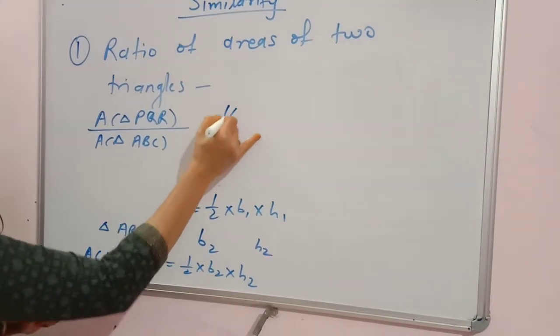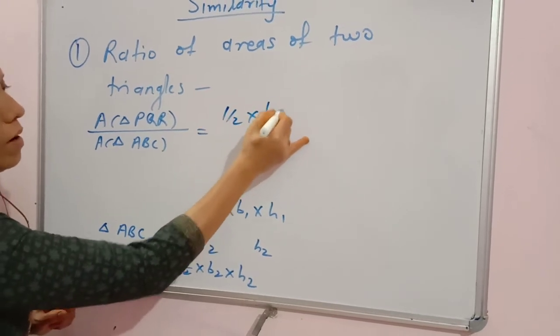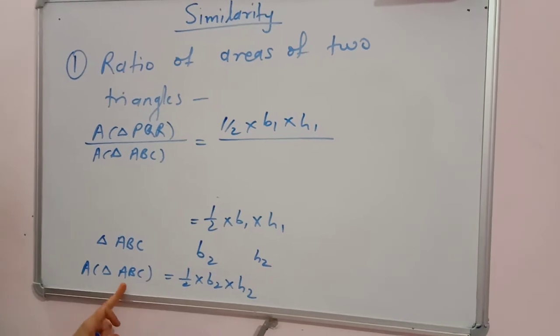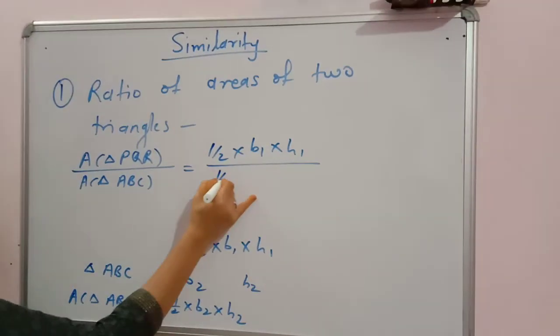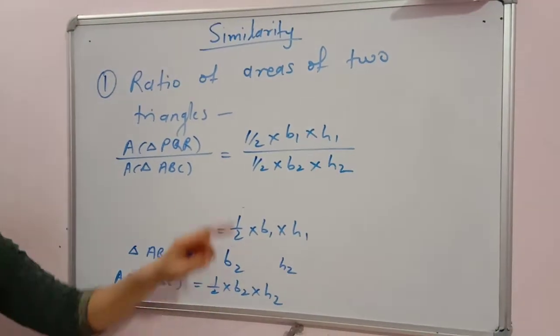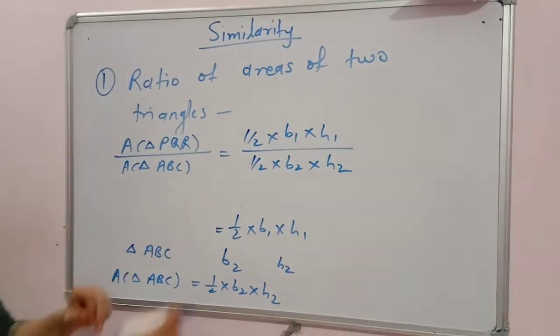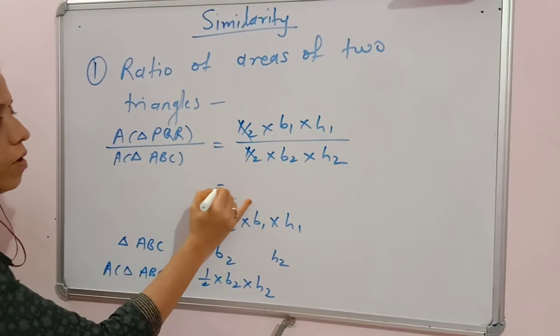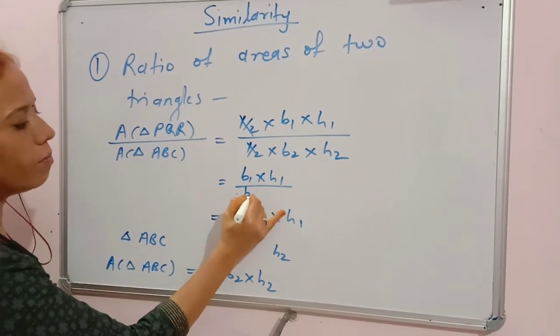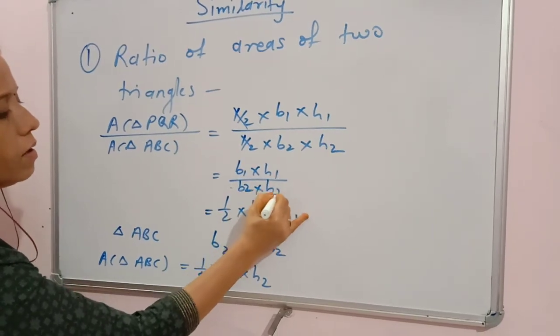It is 1/2 multiplied by B1 multiplied by H1 upon 1/2 multiplied by B2 multiplied by H2. This 1/2 is a constant number, so it gets cancelled, and we get B1 multiplied by H1 upon B2 multiplied by H2.